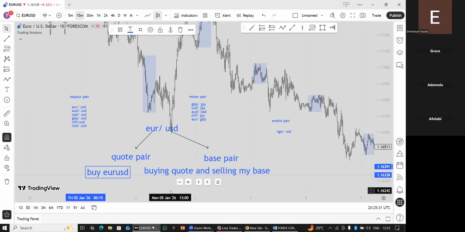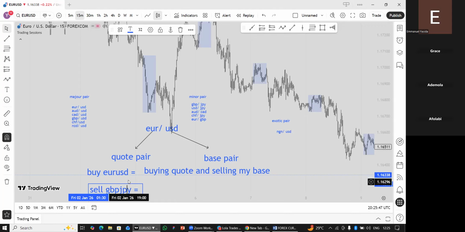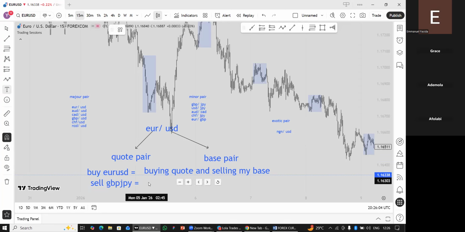Let me give another example. If I'm saying sell GBP/JPY, what do I mean? Someone should answer me. If I say sell GBP/JPY, what am I insinuating?